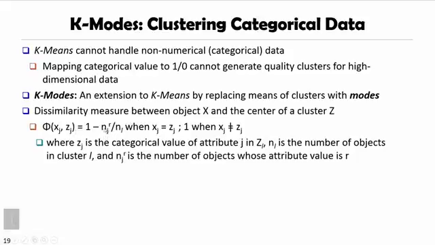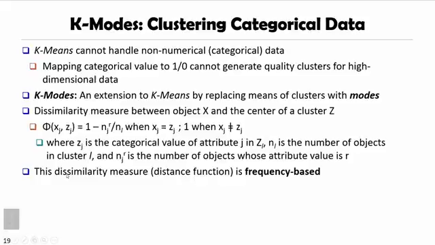In most cases, the more frequent this j value is, the closer this will be to 1, so the distance is smaller. And if this value is very rare, you're equal to a very rare value, and the number of distinct values is quite big, so your distance is closer to 1. So this is a quite reasonable definition. That means this dissimilarity measure or distance function is frequency-based. The more frequent, the closer; the less frequent, a little farther away, even if you're equal to this value.